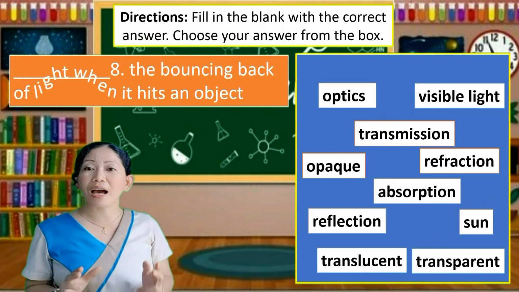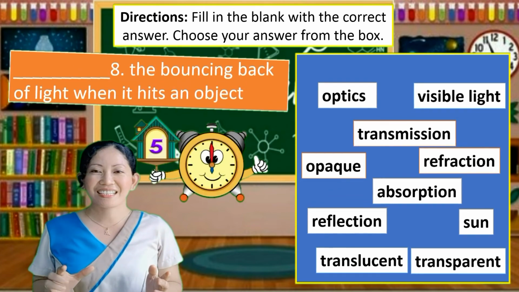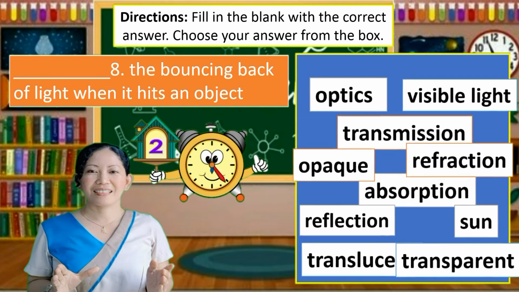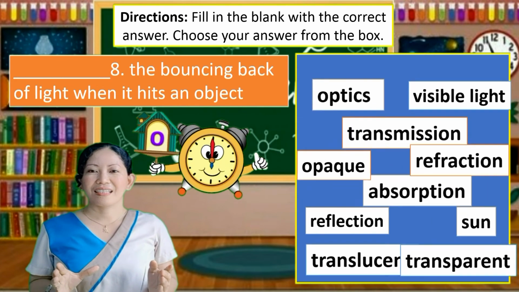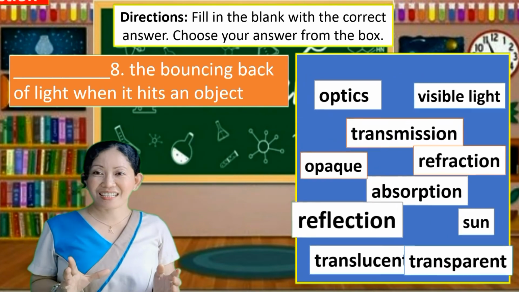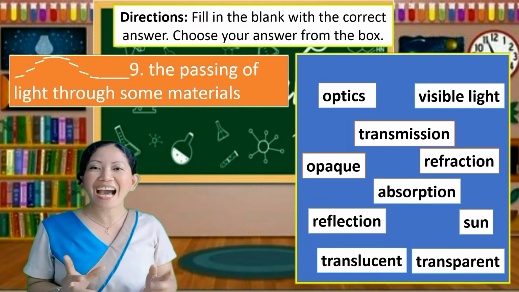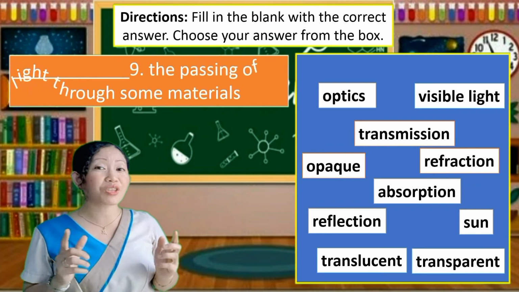The bouncing back of light when it hits an object. And the answer is reflection. Very good. Number 9. The passing of light through some materials.